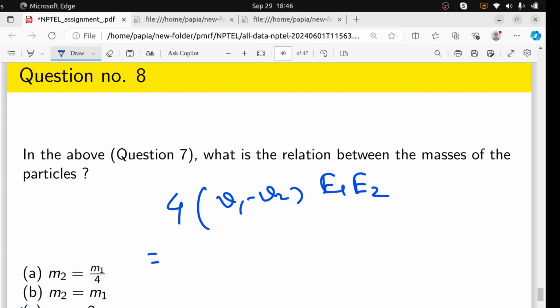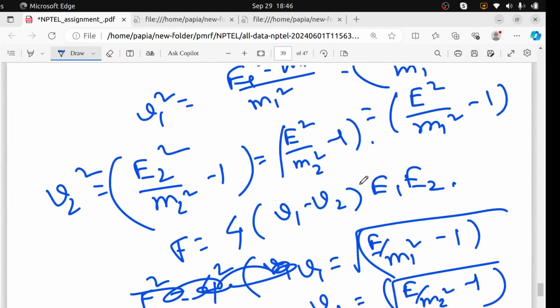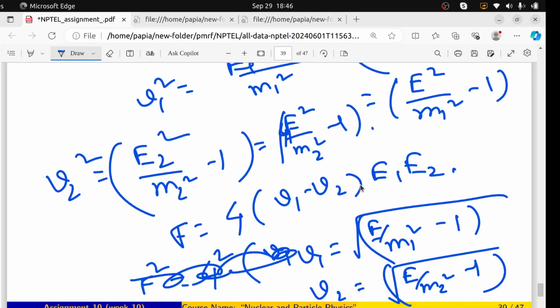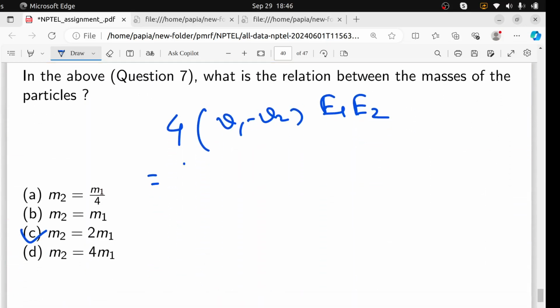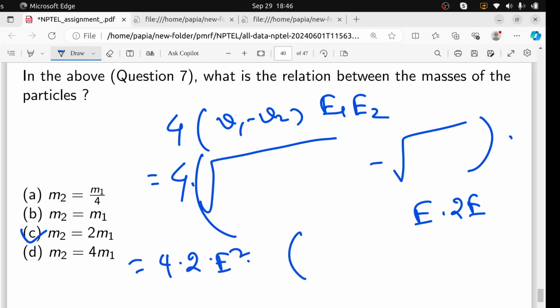So this is coming as, actually E2 is 2E, so it means 4E square. So this is 4 root over something minus root over something into E into 2E. So 4 times 2 E square, then something minus something.